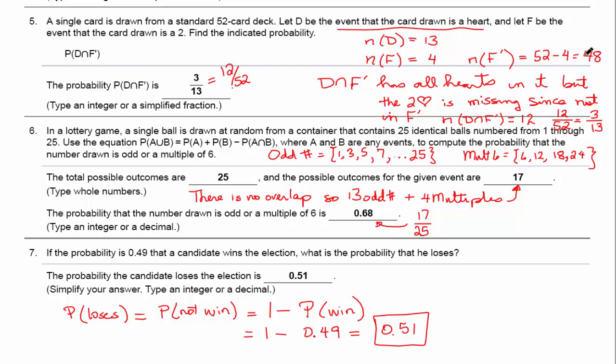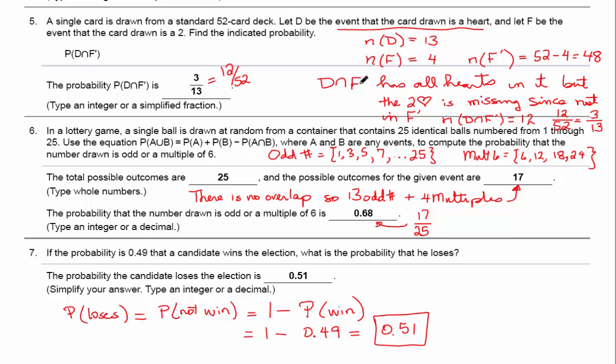Some of these cards are red, some of them are black. What do we want to do? We want to take all of D, which is hearts, and intersect that with the complement of the 2 cards. What's in there?